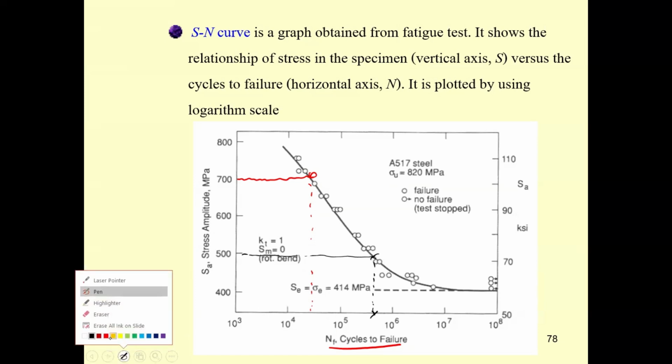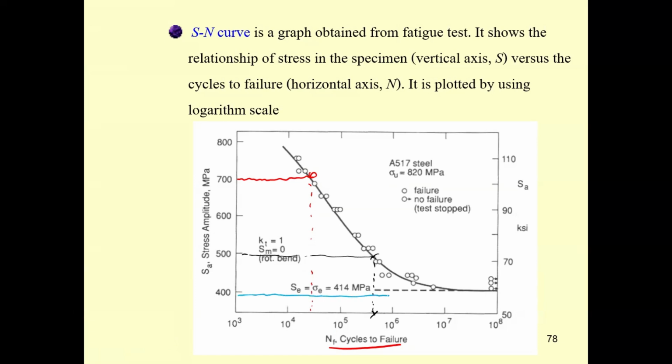And if the stress is lower than one given value, the material can resist an infinite number of repeated loads. That point is called the endurance limit. Okay, and typically we have endurance limit equal to sigma sub u divided by 2.